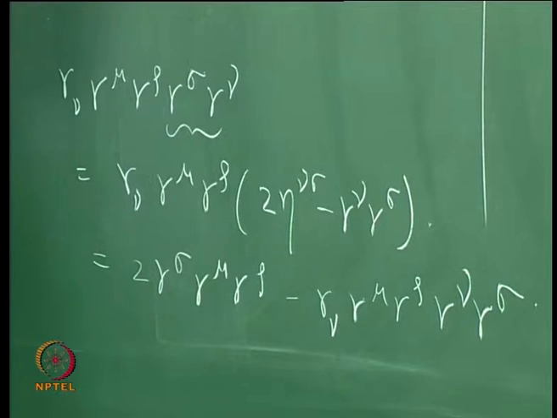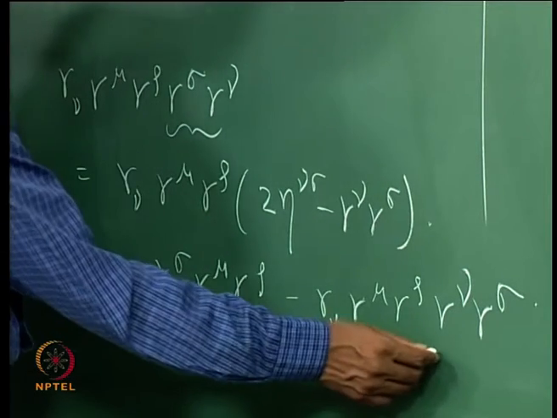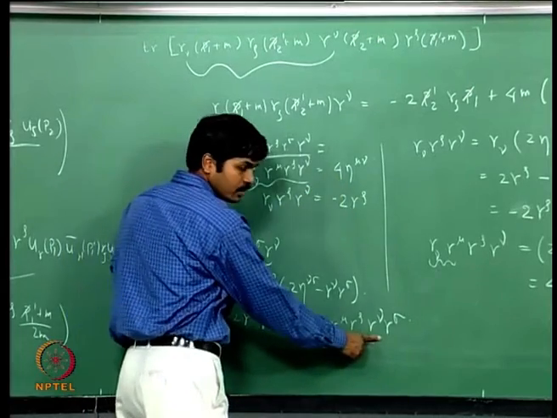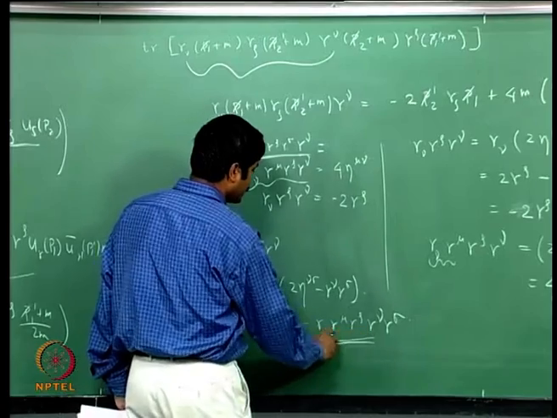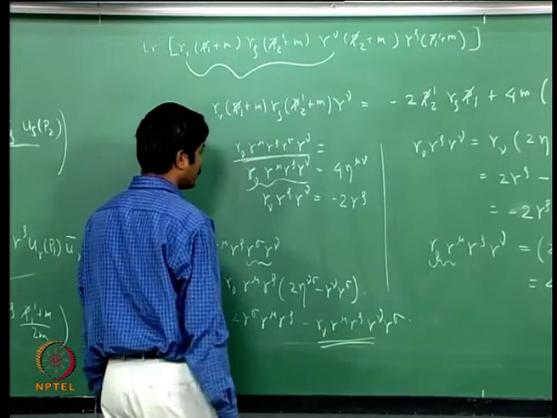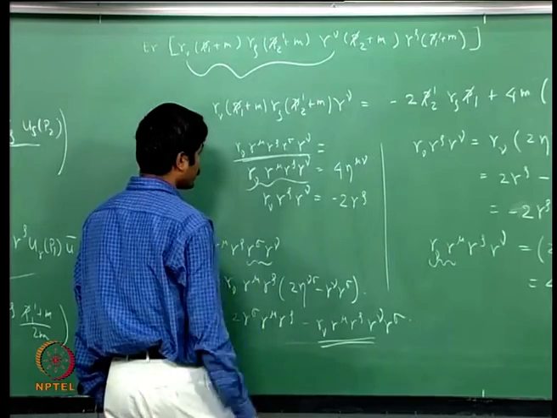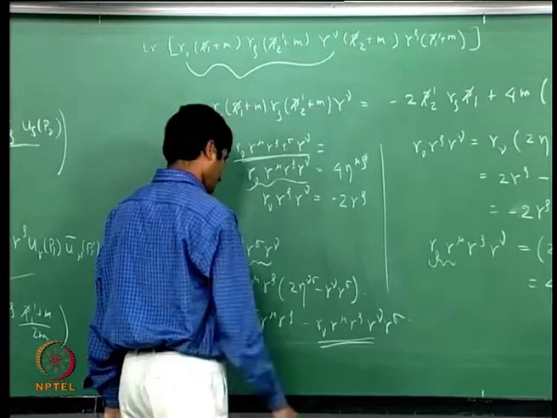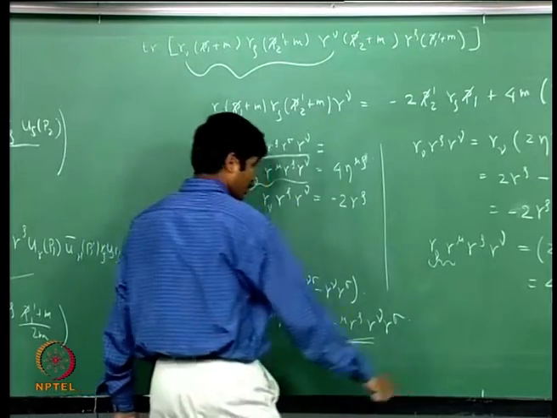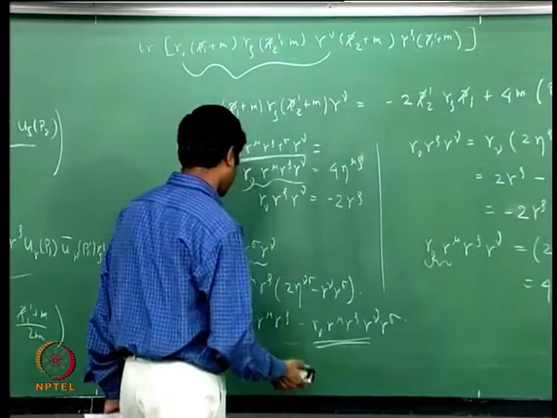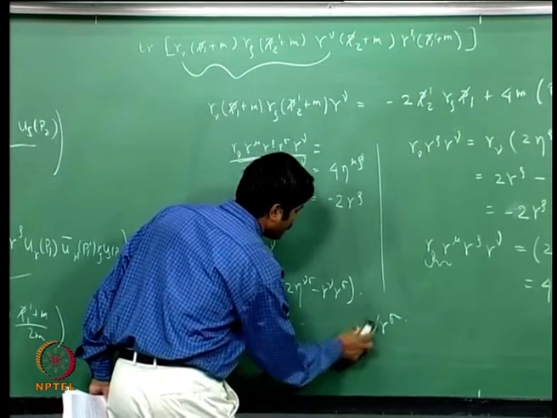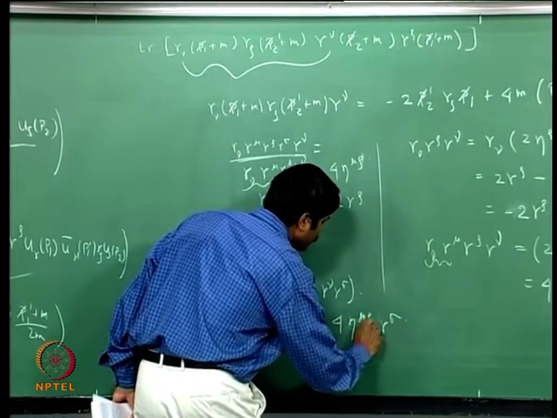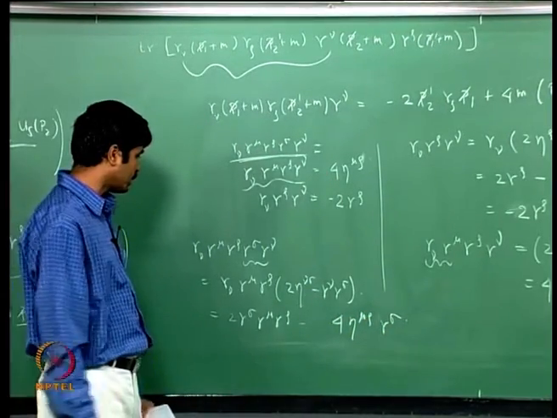Okay. Now, what you can do? You can use this identity here, that will give me this quantity is simply 4 times eta mu rho, minus 4 eta mu rho gamma sigma.